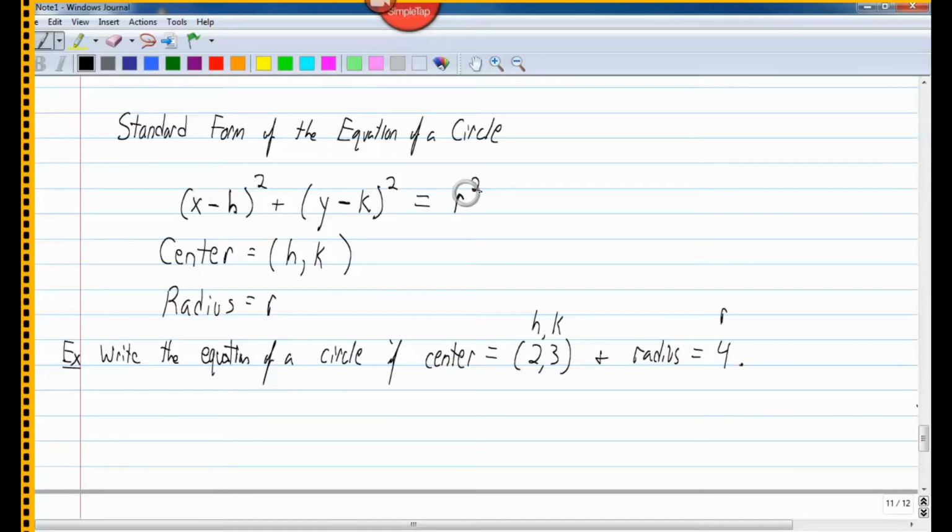So look at this formula here. So you say (x - 2) squared plus (y - 3) squared equals, what's 4 squared? 16.